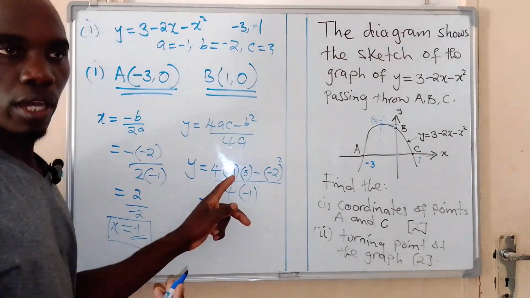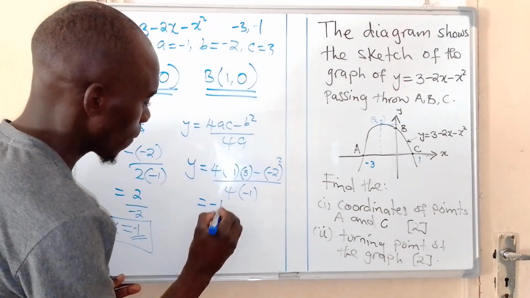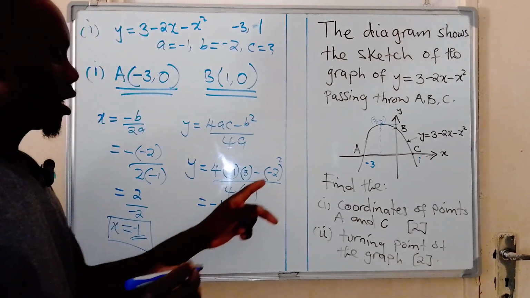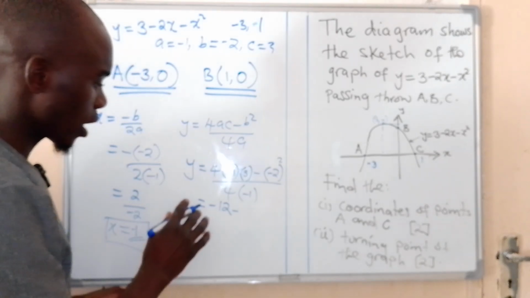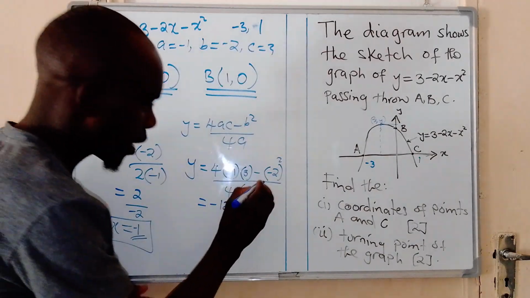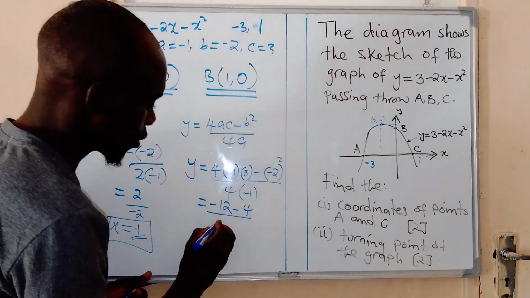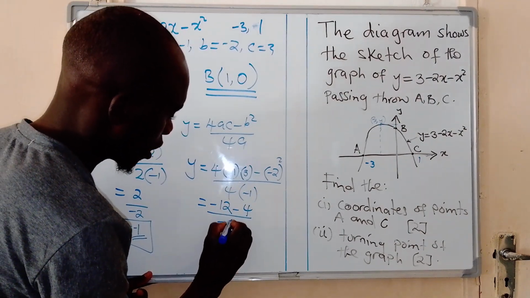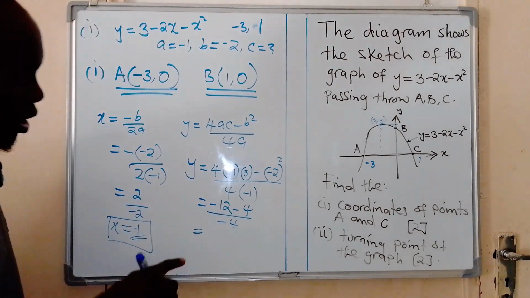4 times negative 1 is negative 4. Negative 4 times 3 is negative 12, minus negative 2 times negative 2, which is 4. So negative 12 minus 4, divided by, when you multiply this, negative 4. Continue solving.